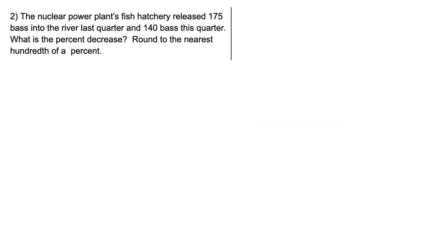Question number 2 says, the nuclear power plant's fish hatchery released 175 bass into the river last quarter and 140 bass this quarter. What is the percent decrease? I want you to think percent change. That is the purple template on the back wall.